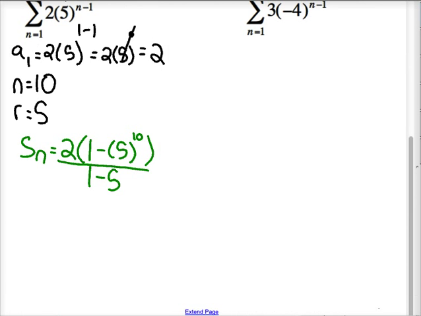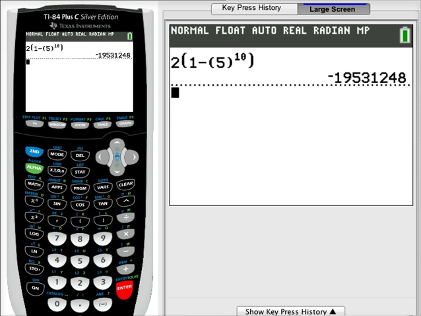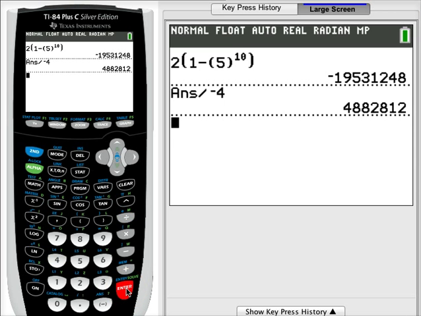So I'm going to write that out, over 1 minus 5. Well, 1 minus 5 will give us negative 4. So essentially, we need to take that number that we just got and divide it by negative 4. When we do that, that is going to be our final answer.